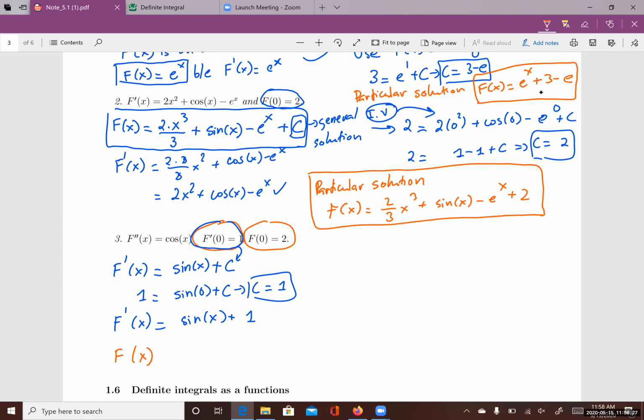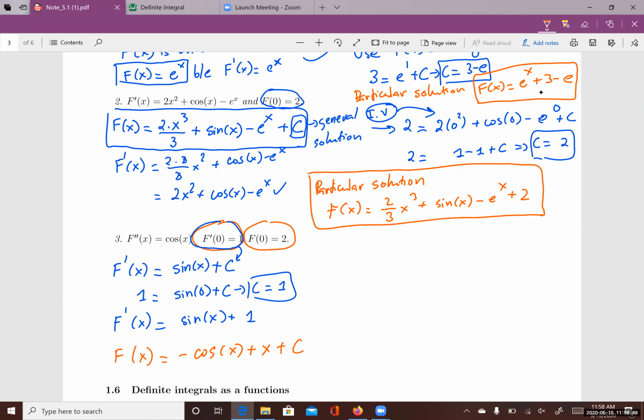That means you want to find the antiderivative of sine of x plus 1. The antiderivative of sine of x should be negative cosine, because the derivative of cosine is negative sine. And the antiderivative of 1 is x, plus c, because the derivative of x is 1.